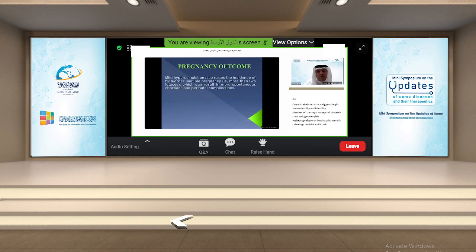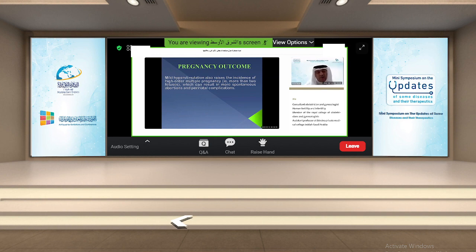Mild hyperstimulation also sees a higher incidence of multiple gestation. And those cases with the mild type may end in spontaneous miscarriages or abortions.